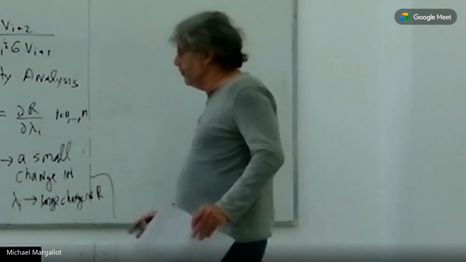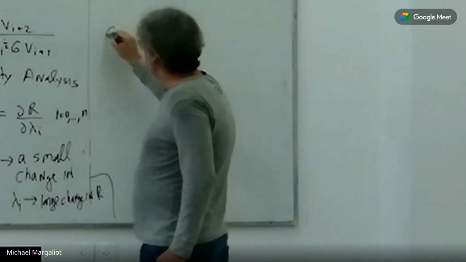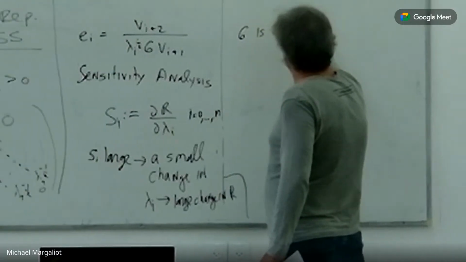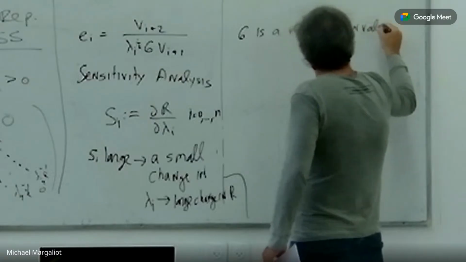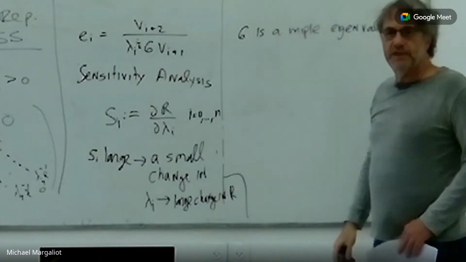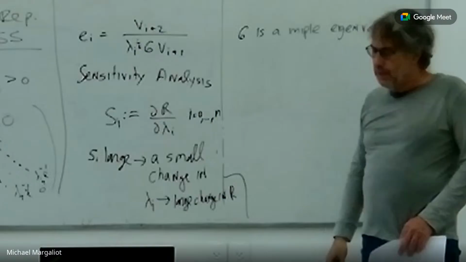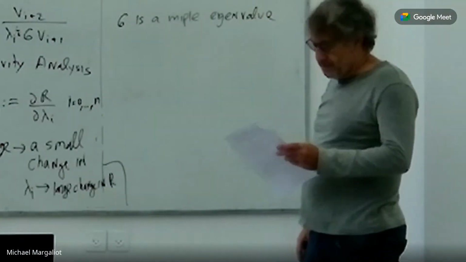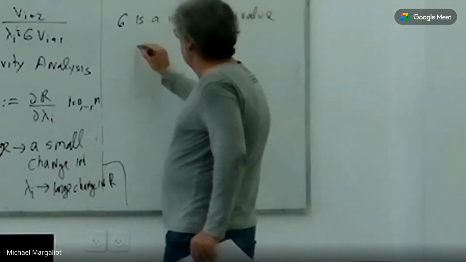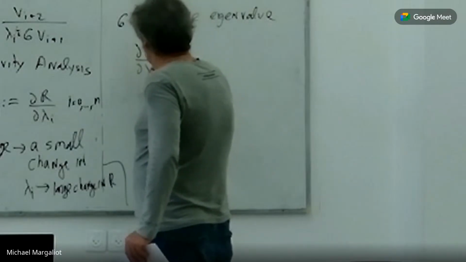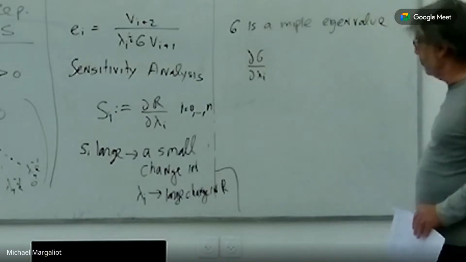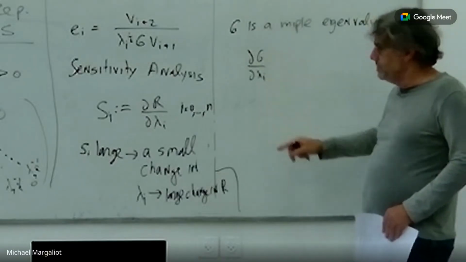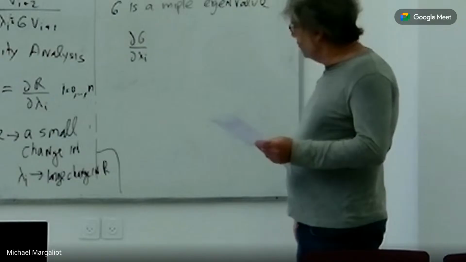Okay, so sigma is a simple eigenvalue. Simple means that it appears with multiplicity 1. And in this case, sigma is actually a differentiable function of the lambda i's. It is not only continuous in the lambda i's, it is also differentiable.